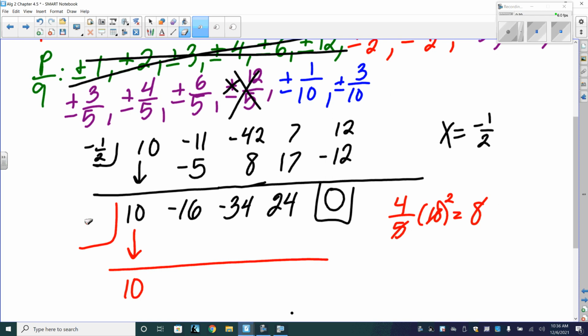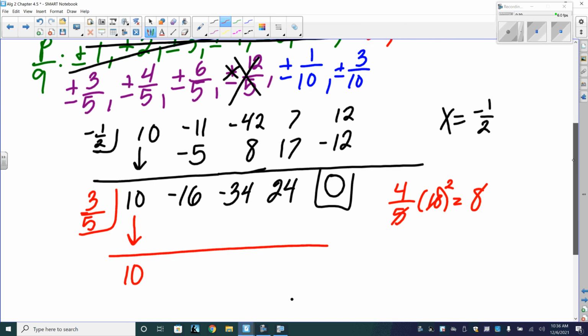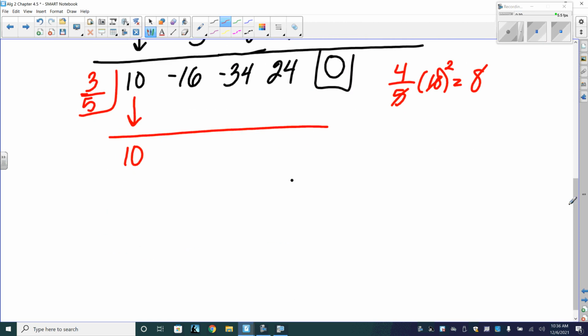Sure, let's try it. 3/5. And a lot of this multiplication I'd be doing in a calculator, especially when we're dealing with fractions. 3/5 times 10.